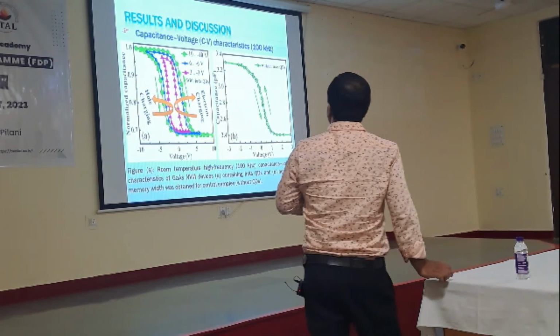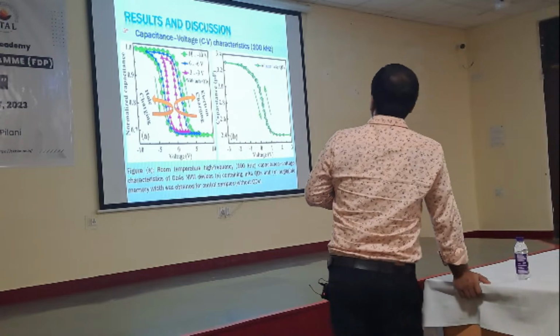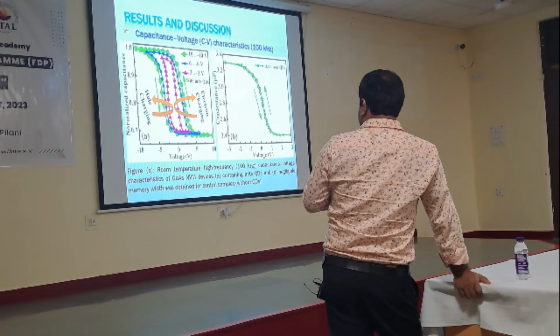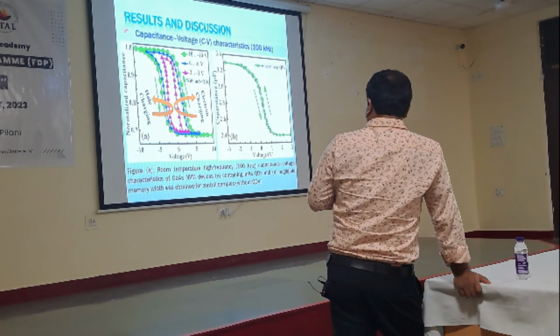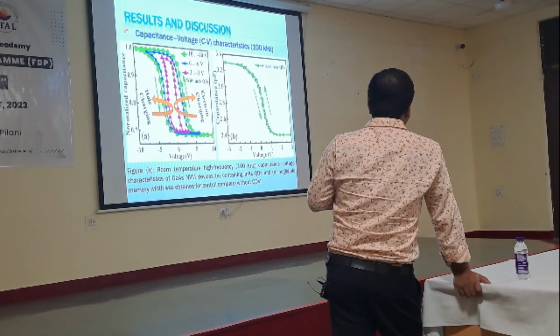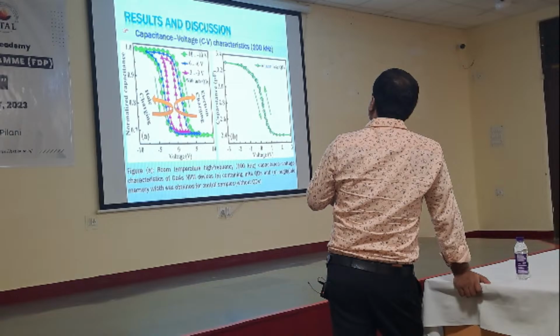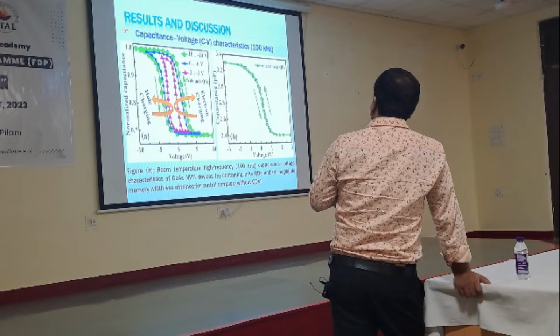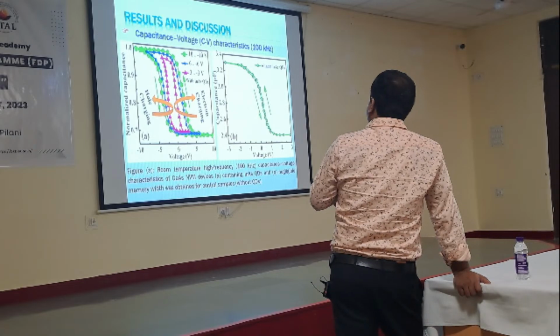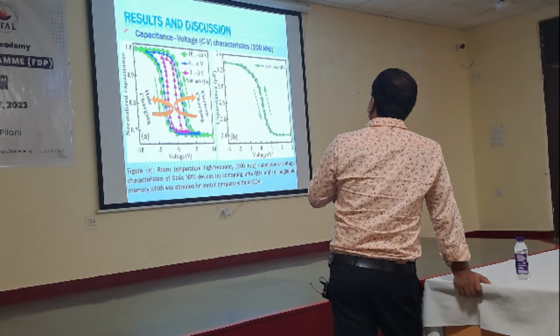Now this is the results and discussion section, where I have used capacitance voltage measurement. You see here, when I swing the voltage from -10 to 10 volts, your memory window will vary. The electron charging and the hole charging are responsible for this. Actually there are two types of devices.